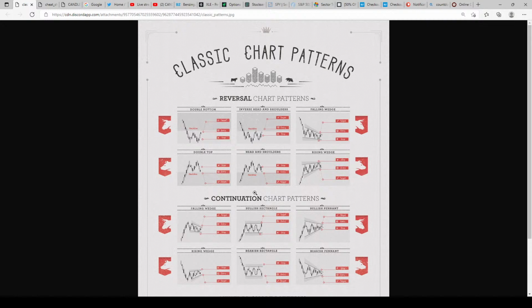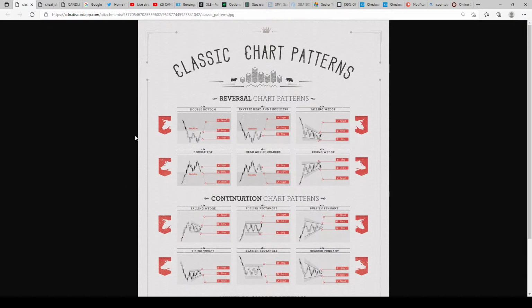So what we're looking at here at the top is reversal charting patterns. If we're looking at them here on this chart, we can see that there's bull signs and bear signs. The top ones being the bull, the bottoms being the bear, and the way these set up.